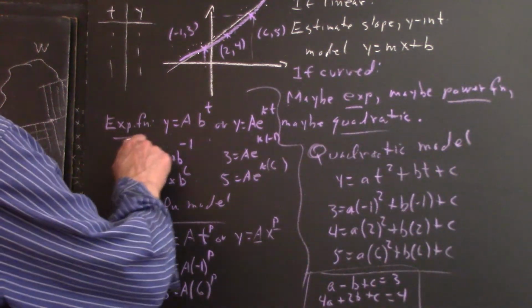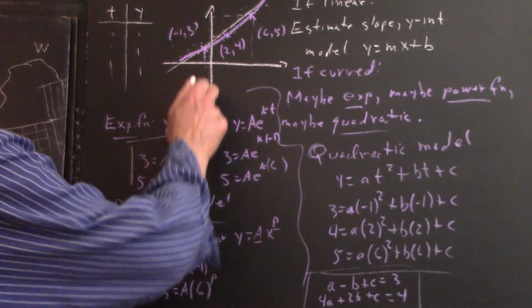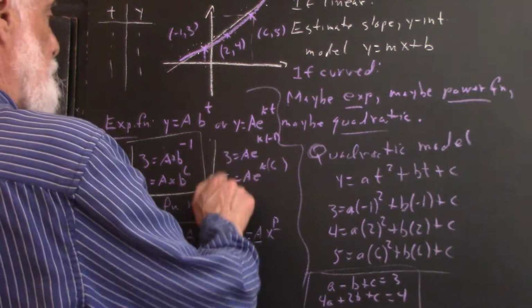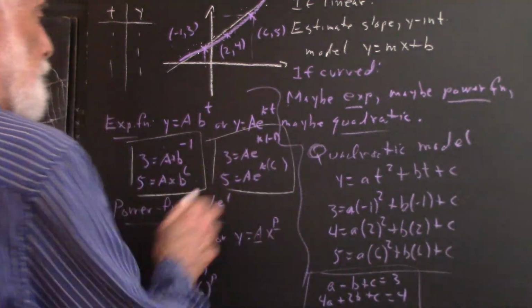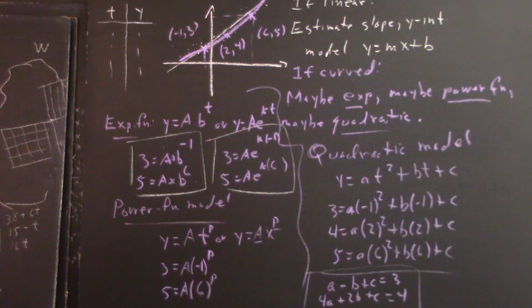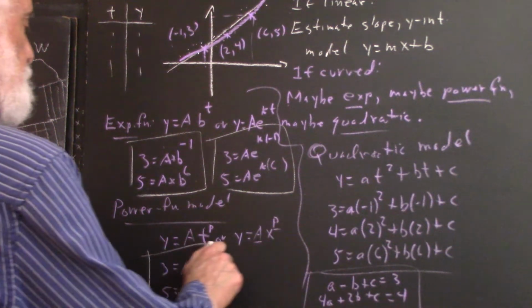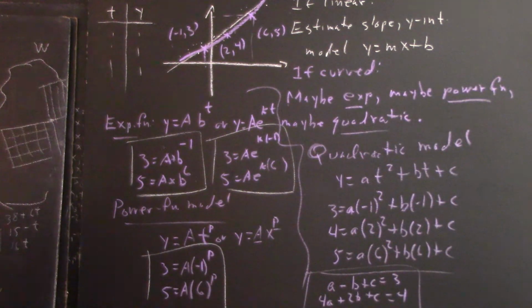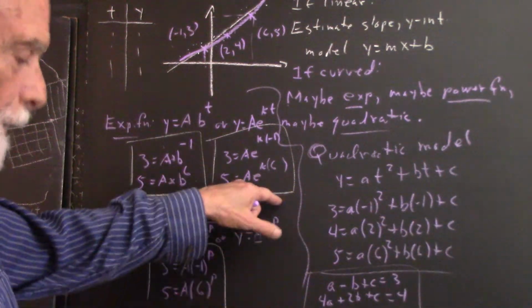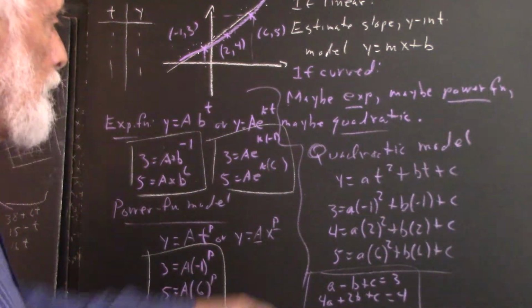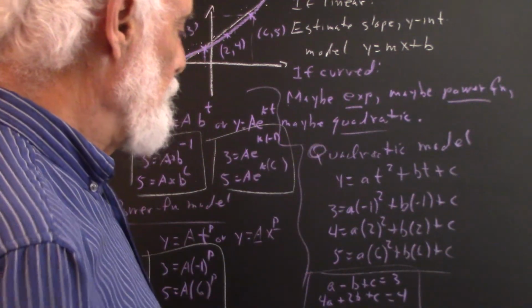This set, if we use the a, b to the t model for the exponential. This set of equations, if we use a, e to the kt. This set of equations, if we use a, t to the p, or if it was y versus x, it'd be a, x to the p, power function. And if it's a quadratic model, we do this.